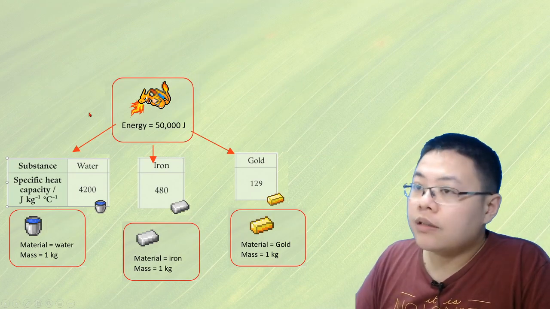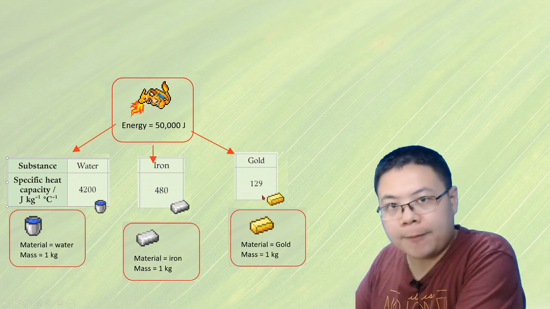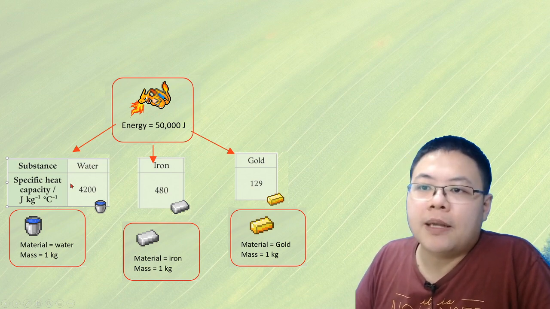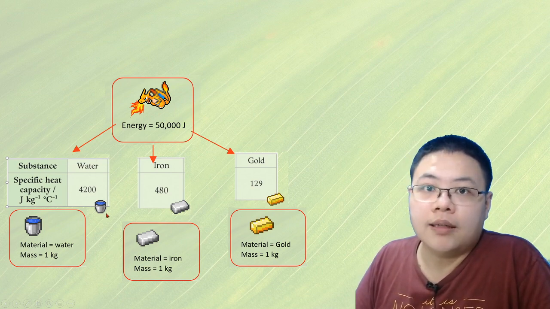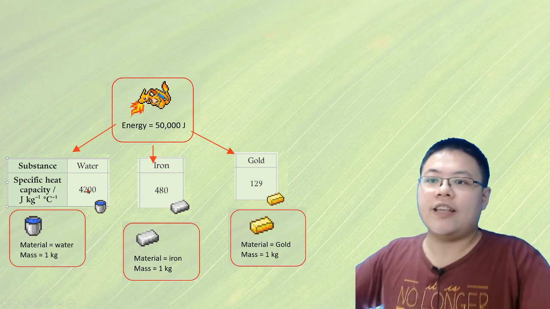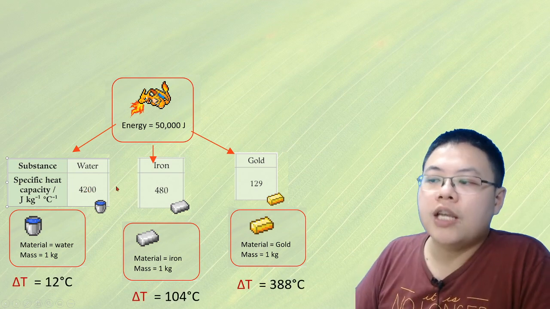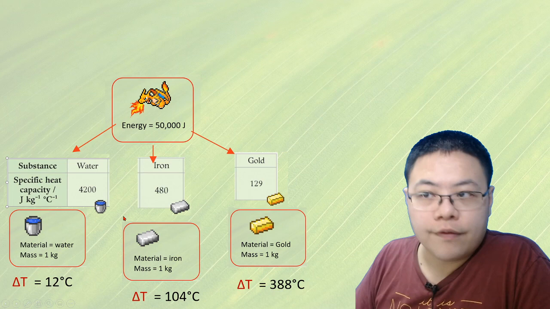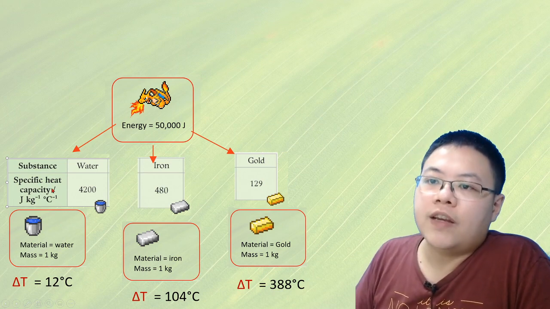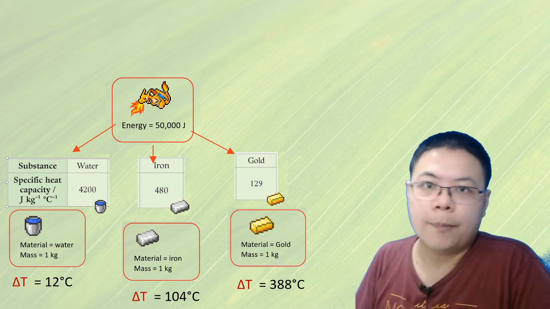The same amount of energy is given to these three types of materials, but the specific heat capacity is different. For gold, it is small. For water, it is very large. And the result is the change in temperature will be very, very different, because the specific heat capacity is indeed how difficult it is to heat it up.